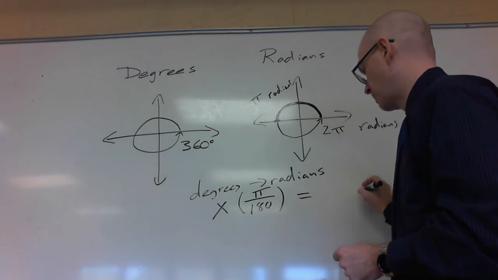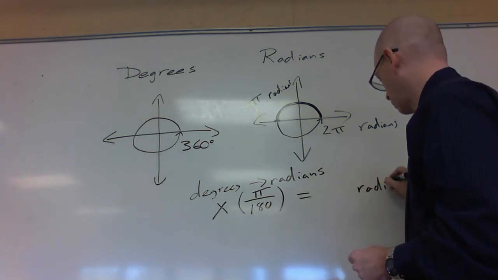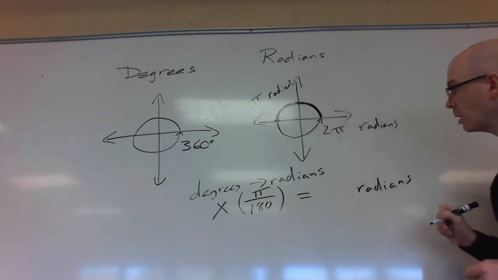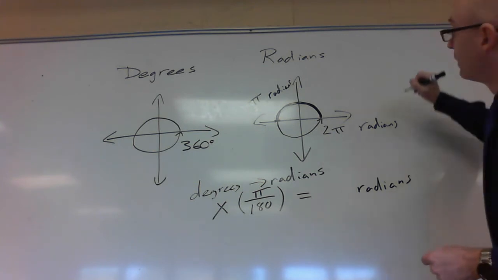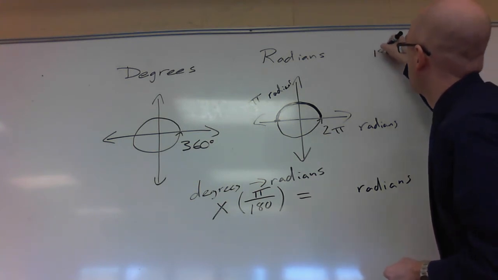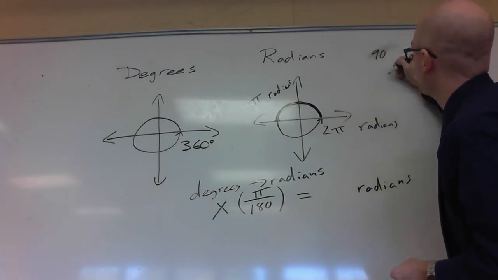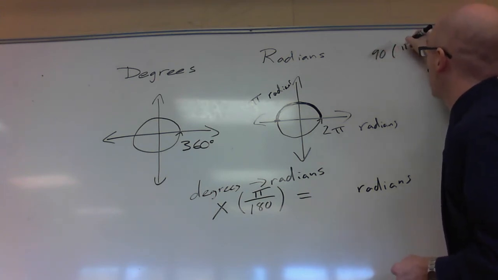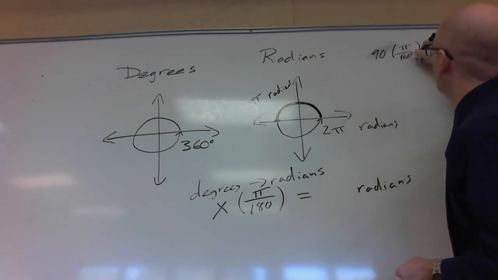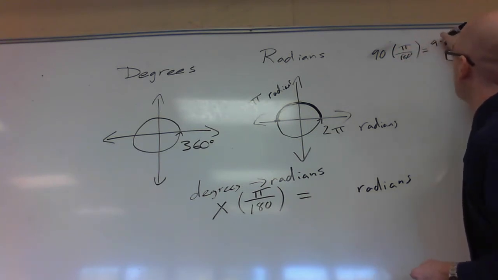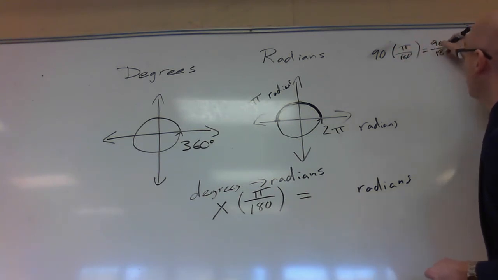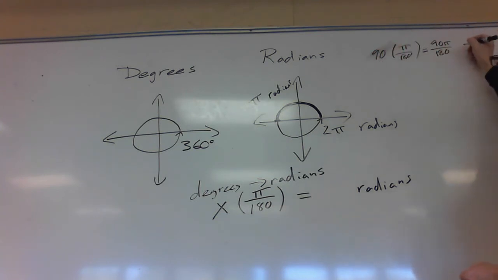That gives me my measure in radians. So let me do a quick example up here. If I had 90 degrees, I would multiply that times pi over 180. I would get 90 pi over 180, which I can just simplify to pi over 2. That's it.